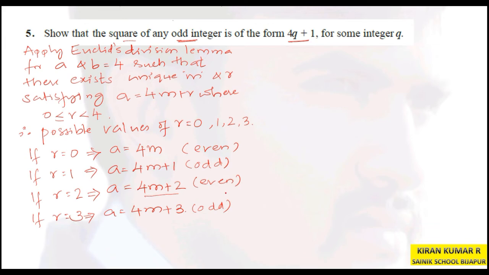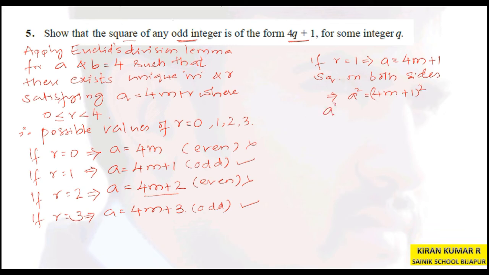In the question, we need to take square of any odd integer. So I have to rule out the even ones and consider these odd ones. So I'll take r as 1, then a is 4m plus 1. Square on both sides implies a square is equal to 4m plus 1 whole square.